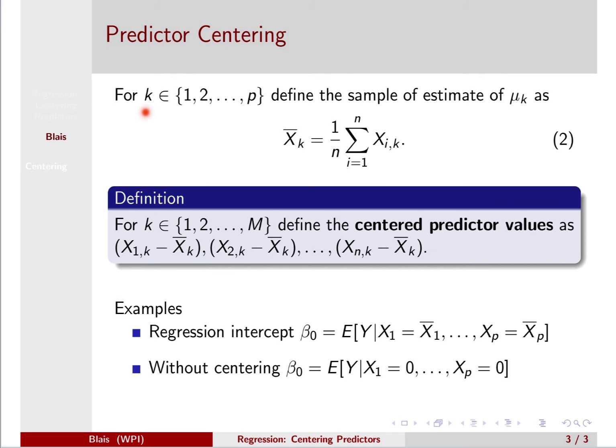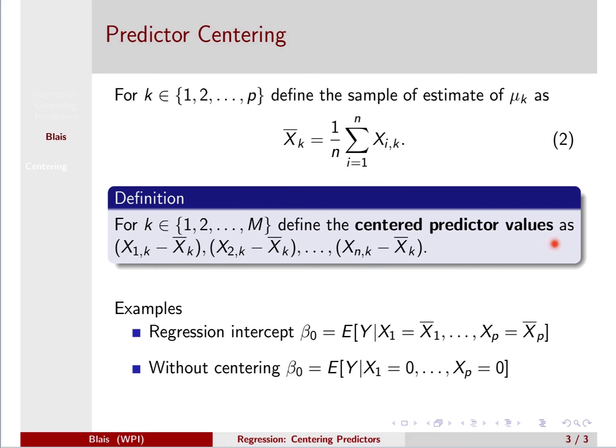So for each of the k's, for each of the predictors, we define the sample mean of the kth predictor as the sample estimate of mu k in the following way. Xk bar, notice this is just the average of all the observations, so going from i equals 1 to n, of that kth predictor.